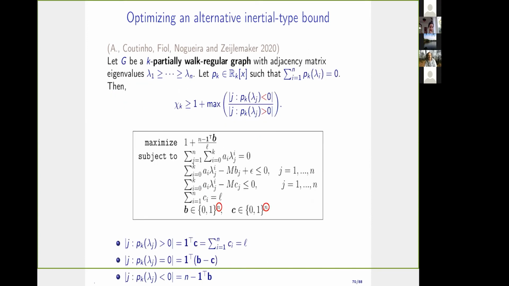So it's slightly different, the formulation. So basically with these 3 cases, we are controlling how many P's evaluated on lambdas are 0, how many are strictly positive and how many are strictly negative. And the remark is that now we have n variables, so vectors of n coordinates.